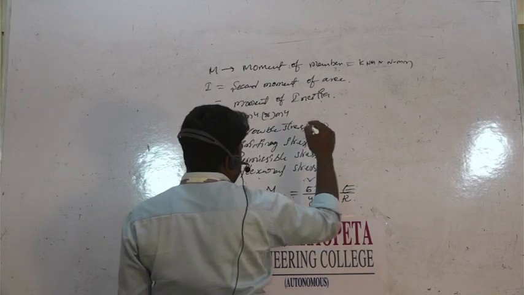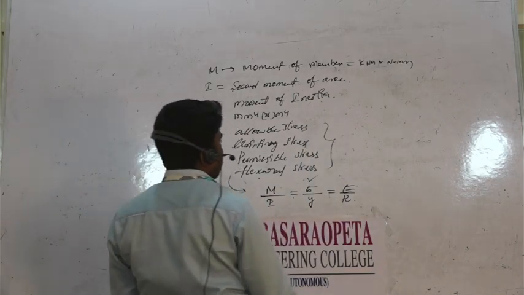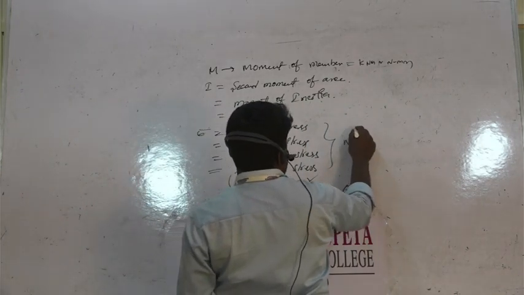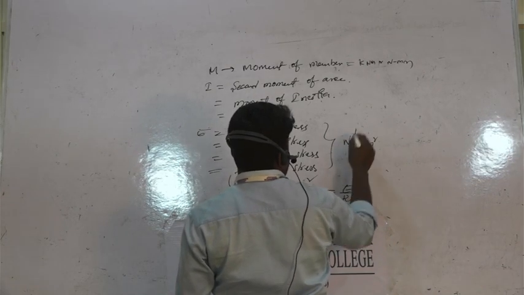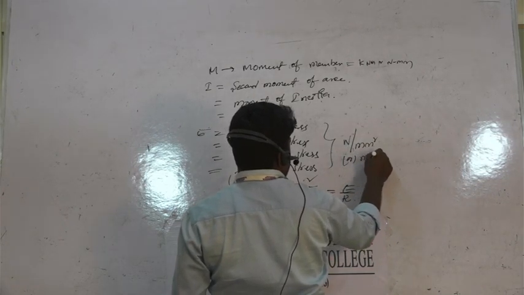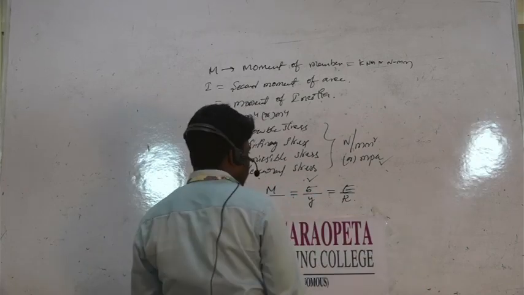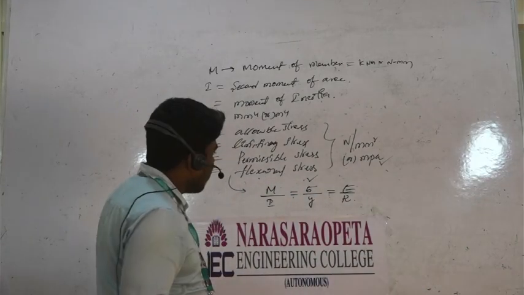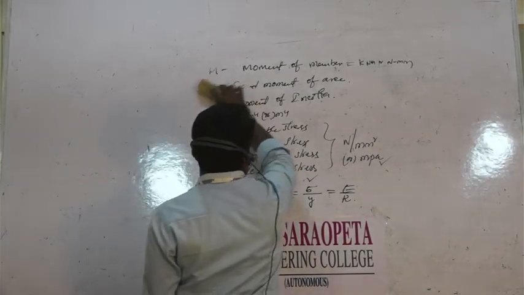So it has different names. These are the units of stress: Newton per mm square or MPa. These are commonly used units in the SI system. And then further, the remaining three.